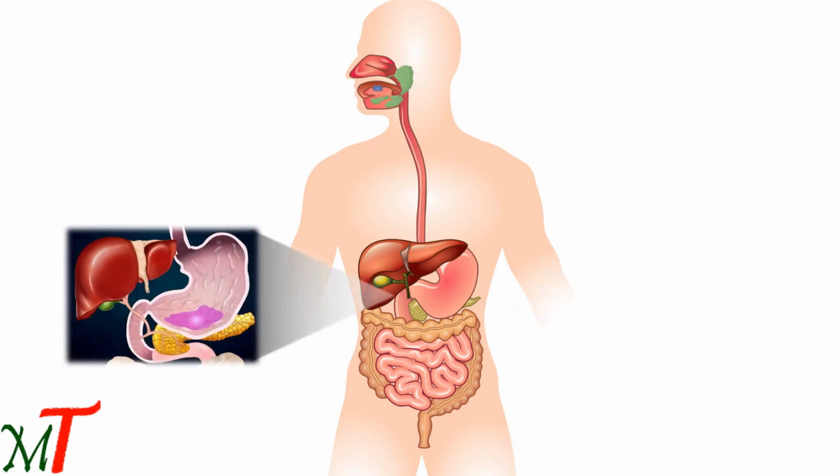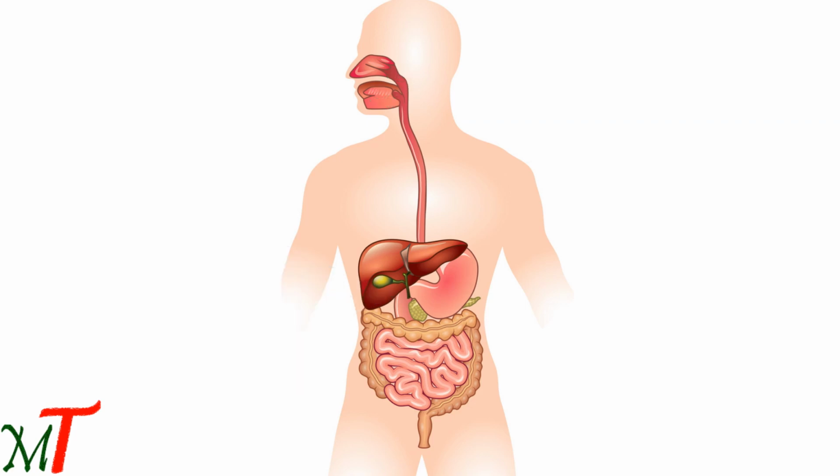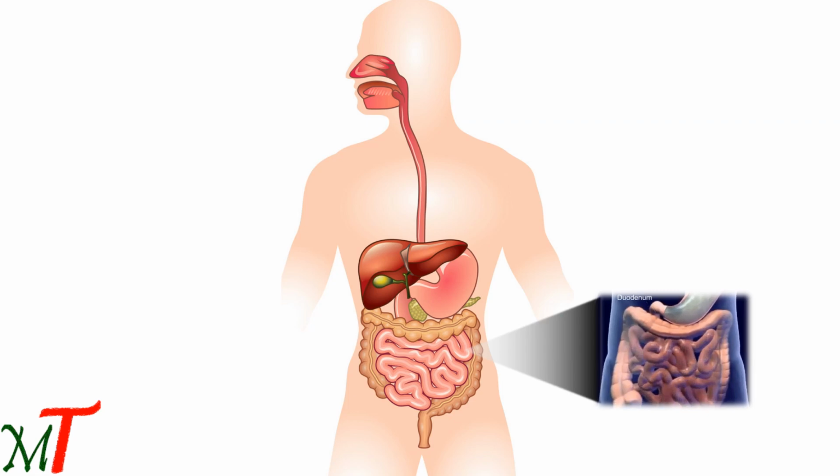In the small intestine, when the food materials enter, the liver and pancreas release enzymes. These enzymes join the first part of the small intestine, and they also digest food. The small intestine also releases some enzymes.